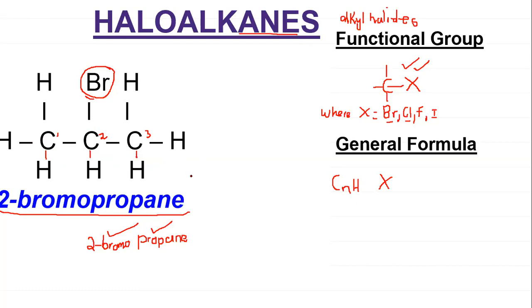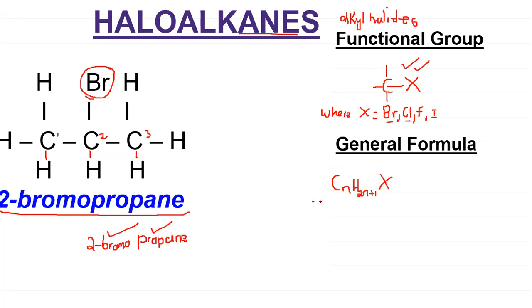So the total number of hydrogens becomes 7. In other words, the number of hydrogens can be determined by saying it's twice the number of carbons, N represents carbons, plus 1 hydrogen, and X represents your halogen.